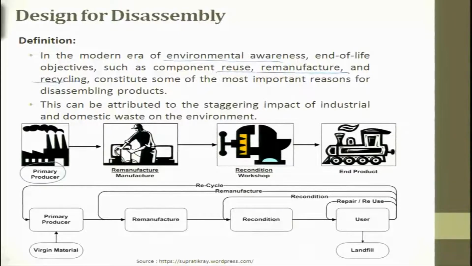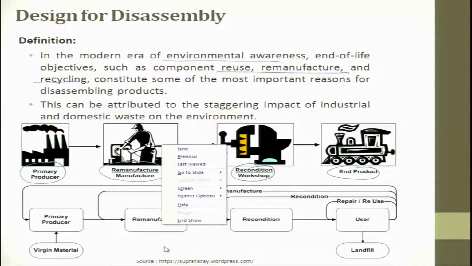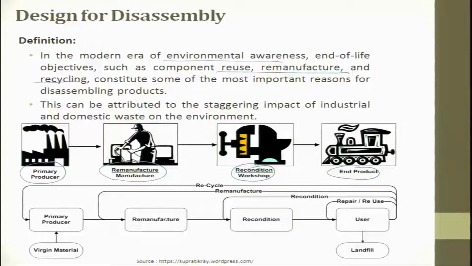So, primary producer, remanufacturing, reconditioning and end product. The primary producer remanufactures. After remanufacture, we also do reconditioning, and then we give it to the user.